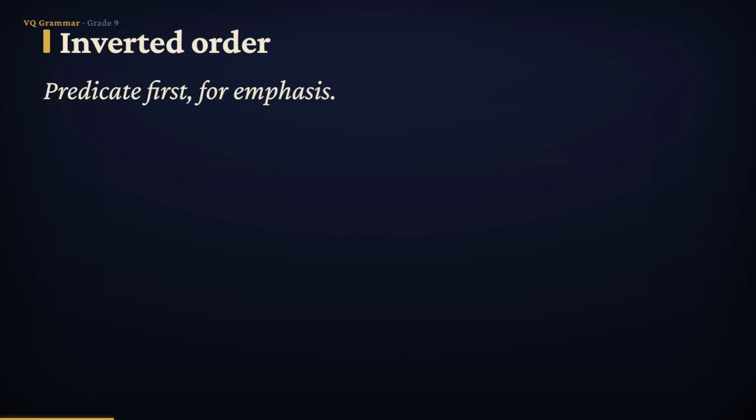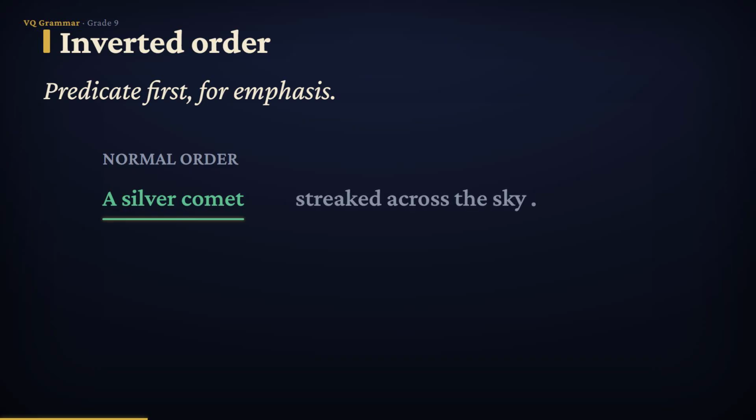Now here's the twist. For variety, or to throw special emphasis on an idea, a writer can flip the order. This is called inverted order, where the predicate comes before the subject. Let's see the same sentence both ways. In normal order, the subject, a silver comet, stands at the front, and then comes the predicate, streaked across the sky.